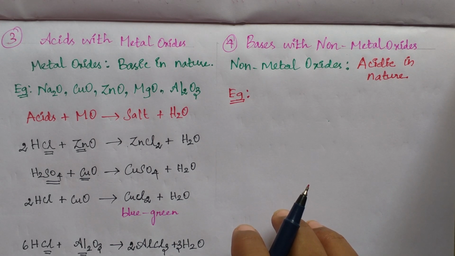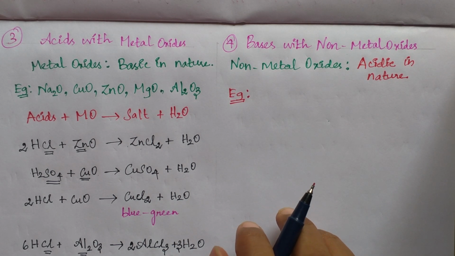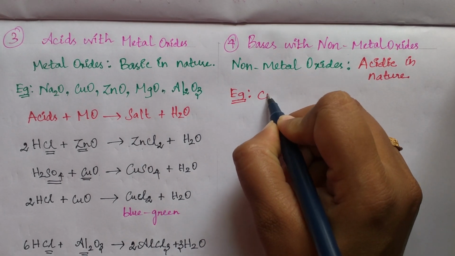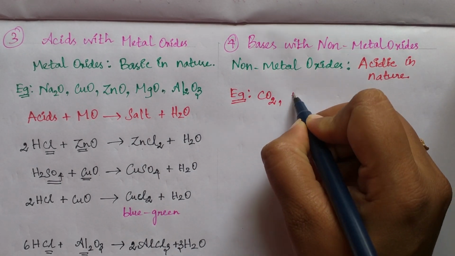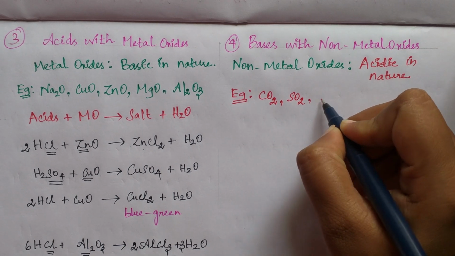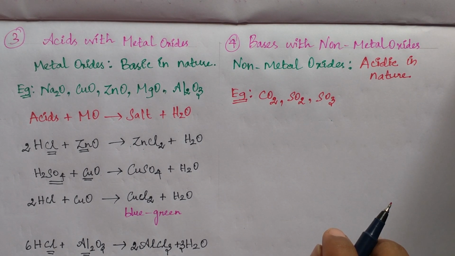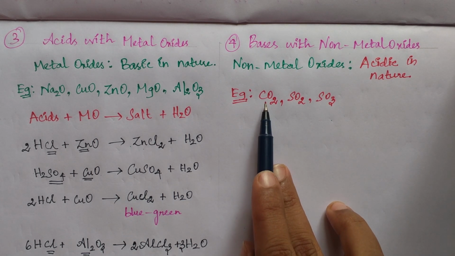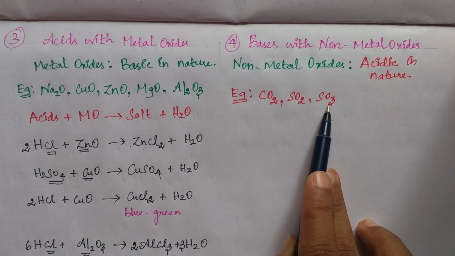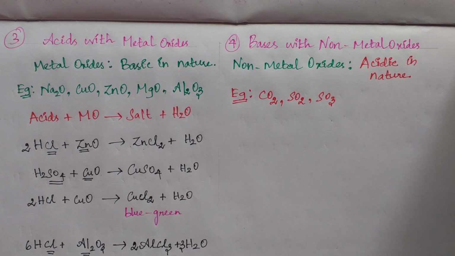These are examples for non-metals. So non-metal oxides, for example, carbon dioxide, sulfur dioxide, sulfur trioxide, or nitrogen oxides. But important ones are carbon dioxide and sulfur trioxide. These are important compounds.